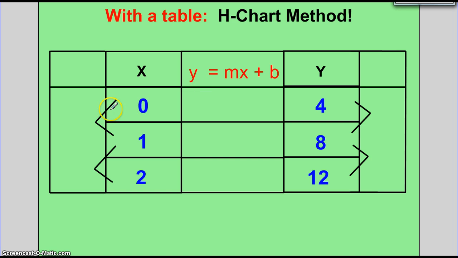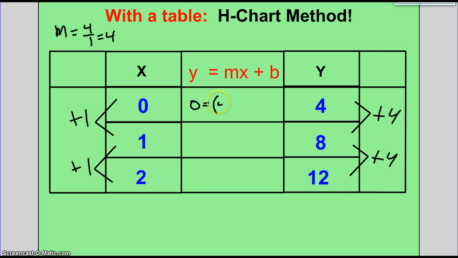Using the H-chart method, it's the same thing you learned in algebra, so I have a +1 and a +1, +4 and +4. So my slope should be m equals 4 divided by 1, which is the same as 4. Now, what I'm going to do is set y equal to 0 equals my slope, which is 4, times x.